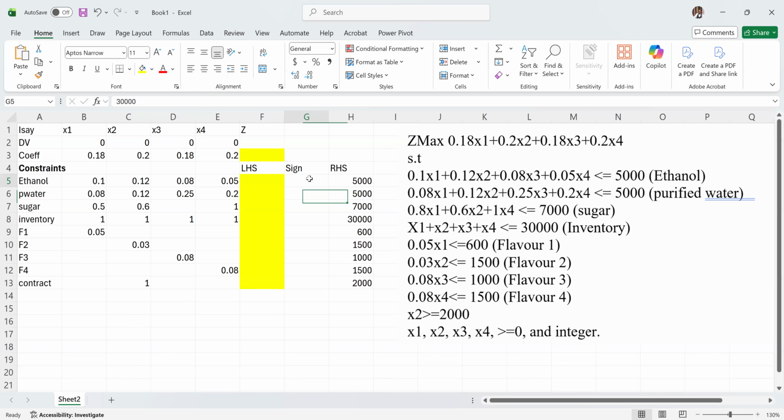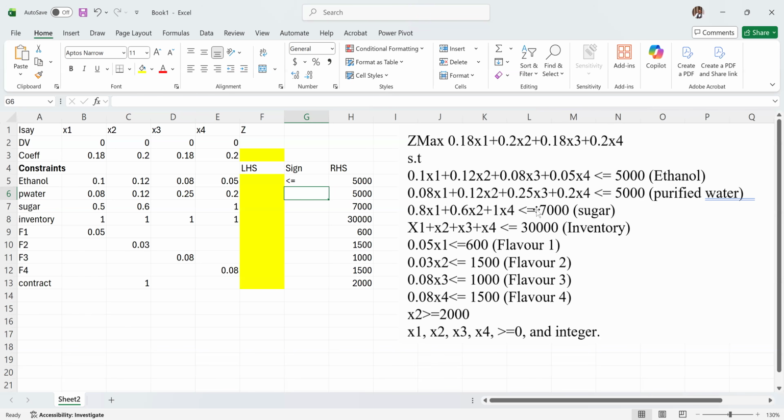Now, the signs should be done as well, because if you don't do the sign, you get confused. So you bring a dot in each one of them. I mean, for the first ones, only the equal to, you bring the dot. So the first one is less than or equal to. You press your key, less than, and then equal to. The next one is also less than or equal to.